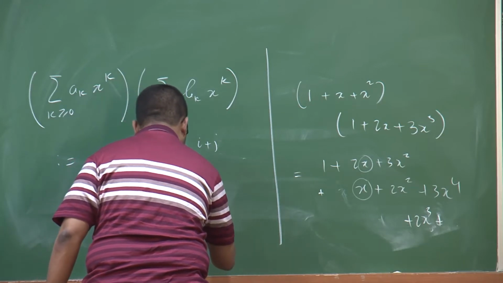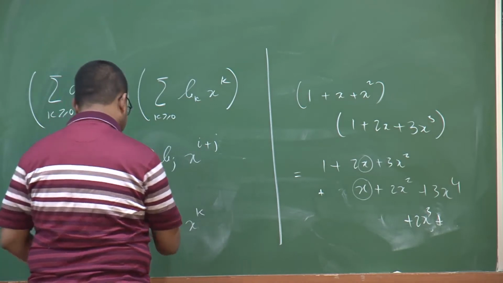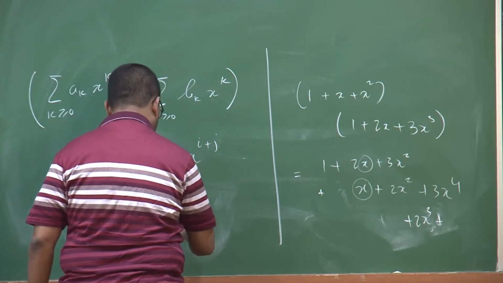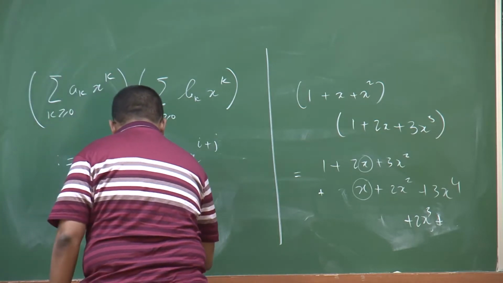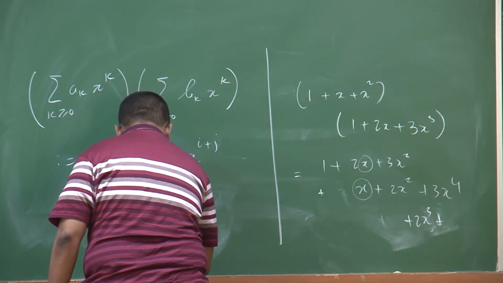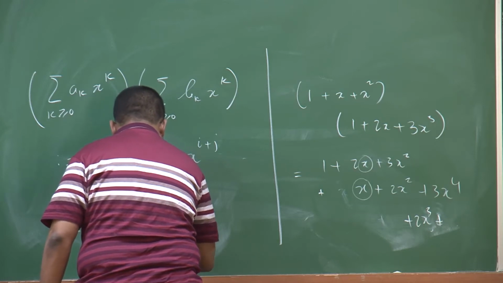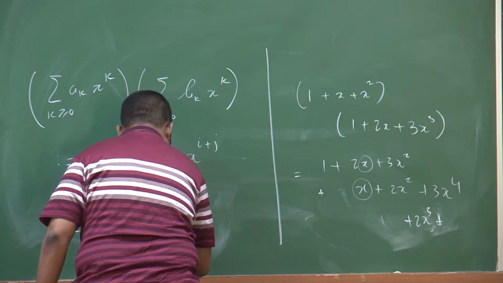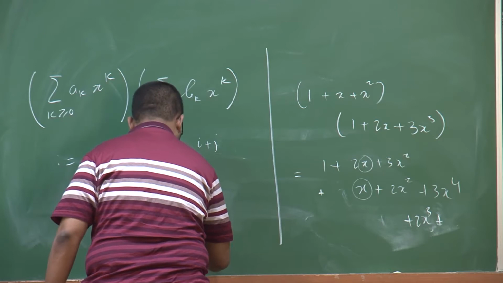The coefficient of x to the power k is going to be the sum over all i and j such that i plus j equals k of a_i b_j.